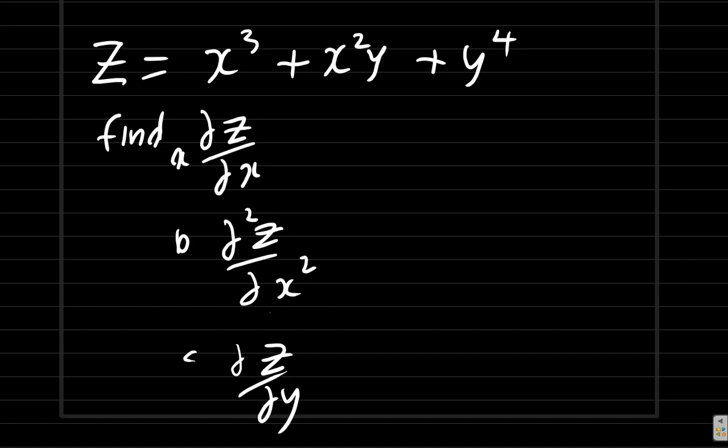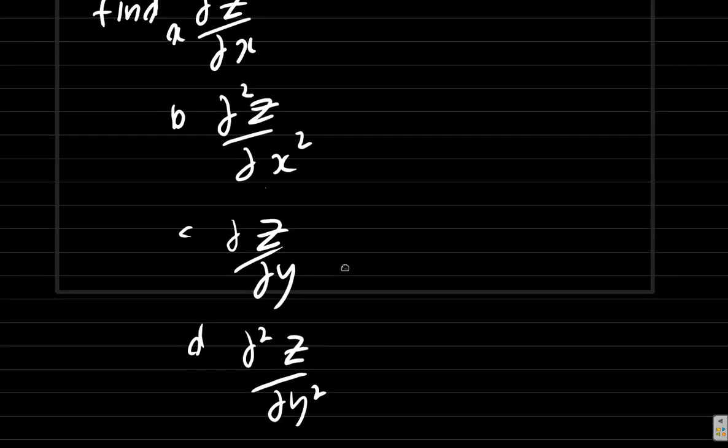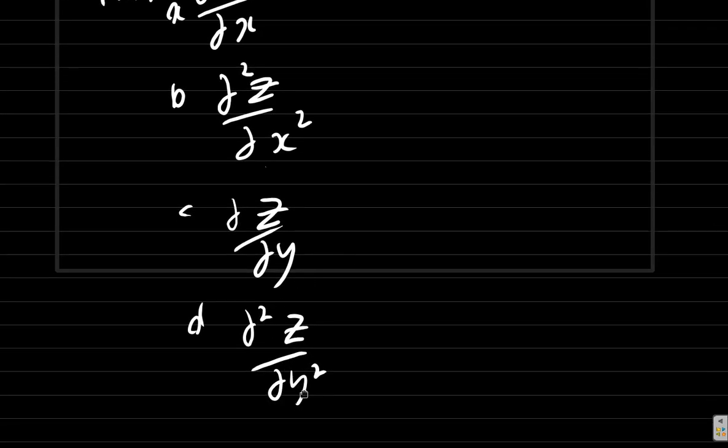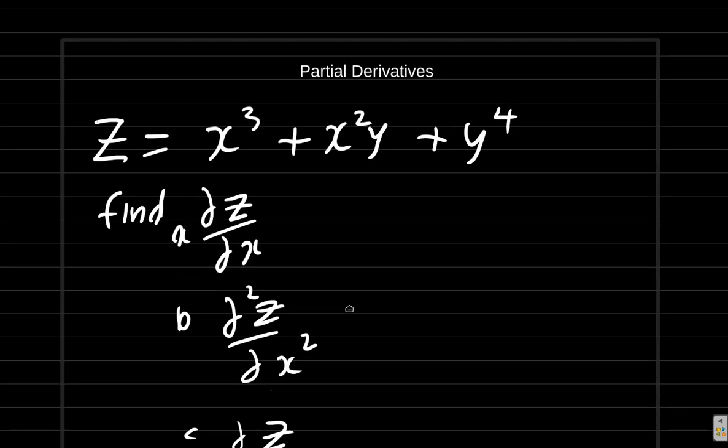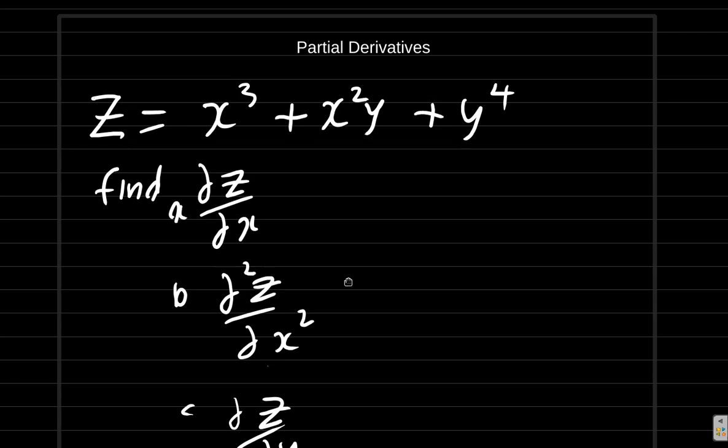Then the first partial of z with respect to y, and then the second partial of z with respect to y. That means you're going to find delta z by delta y and delta square z by delta y squared. So I want you to work it out and then we look at the solution together.